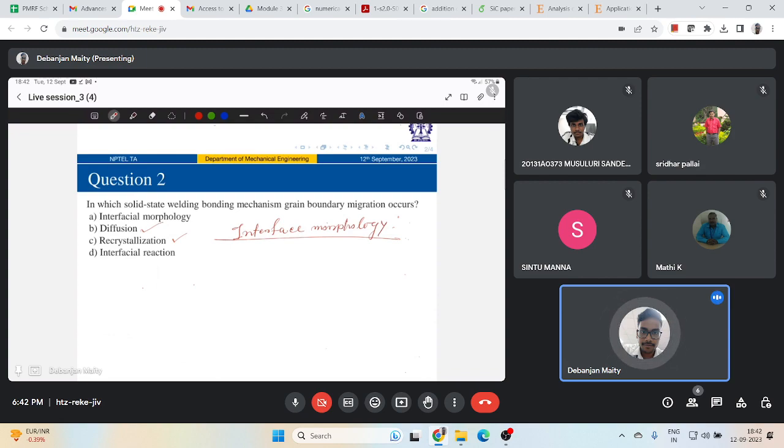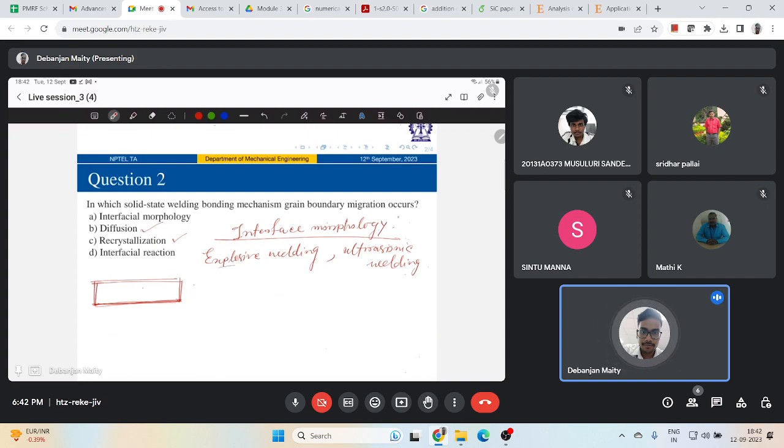In explosive welding, interfacial morphology is a unique characteristic. Sometimes in ultrasonic welding also. Initially this was a planar interface, right?